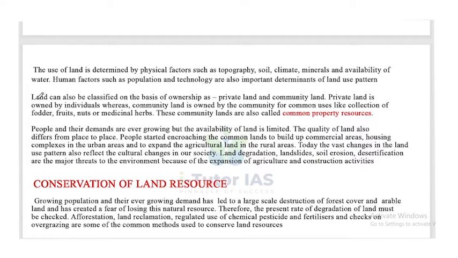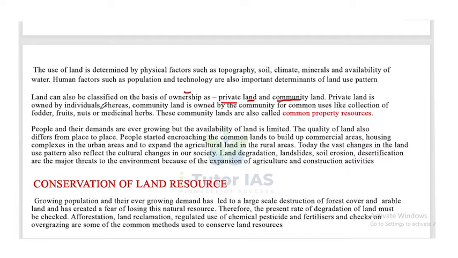Now, land can also be classified on the basis of ownership, that is private and community land. First one is private land and second one is community land. Private land is owned by individuals, whereas community land is owned by the community for common uses like collection of fodder, fruits, nuts or medicinal herbs.